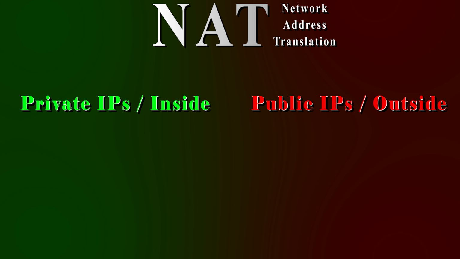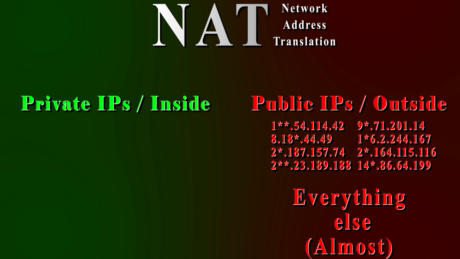Public IPs look like everything else. They're usually assigned by your ISP, but you can own the IP block. Understanding the difference between public IPs and private IPs is a core networking skill, but it can be tricky at first. I'm keeping it simple here, but this topic really deserves its own video. Let me know in the comments if you'd like to see that.